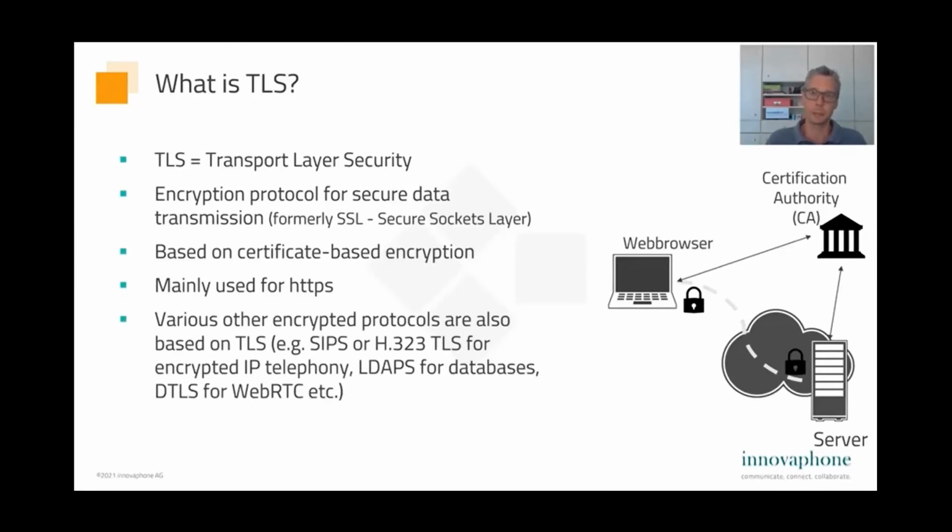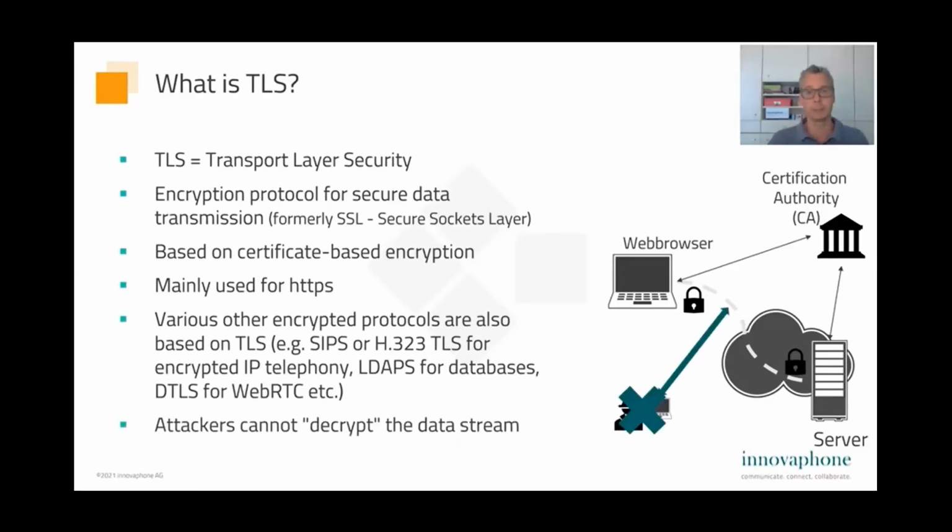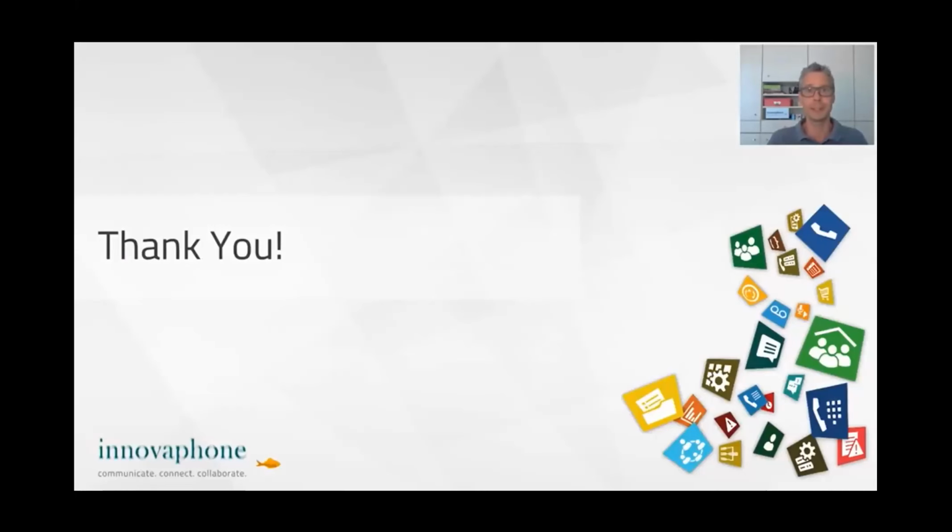And we have different protocols in the communication area which use TLS too, like SIPS, S for secure SIP, or H.323 TLS connections for IP telephony, or LDAPS for databases, or DTLS for WebRTC. And when you have an encrypted connection, then the attackers can get the data, but they don't have the key to read this. And so you have an absolutely secure connection, and that's it. Thanks for listening today. See you.